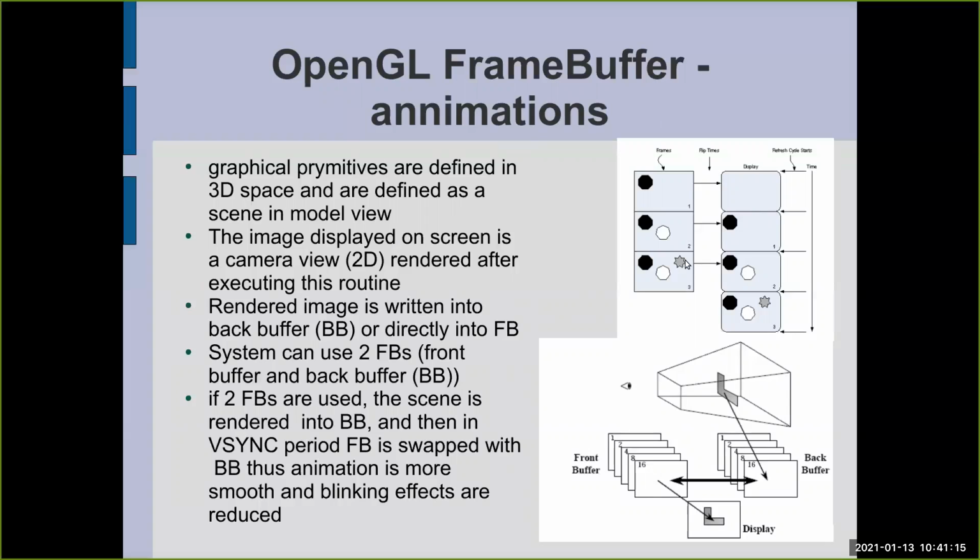So look, in this case, instead of a single frame buffer, we can use a double frame buffer approach. How does it work? It means that we have two frame buffers, two areas in memory which can represent the output image. One of these buffers is called the back buffer, and the other is called the front buffer.